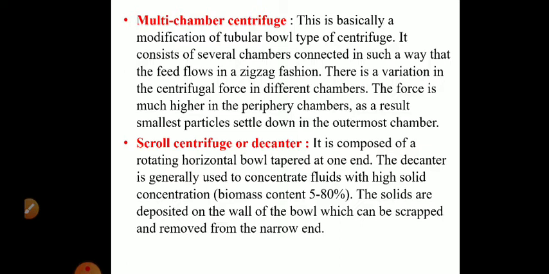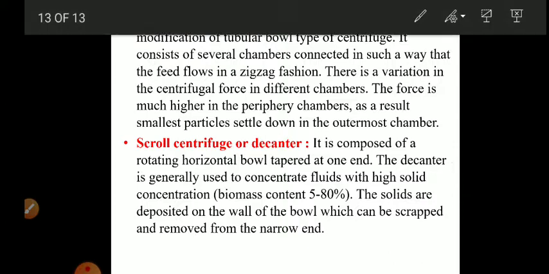Highest centrifugal force is in the outermost, peripheral chambers, and hence the smallest particles settle down in the outermost chambers and larger particles settle in the central chambers, which are present in the middle part. So there is variation in the centrifugal force from one end to another, leading to separation of even the smallest particles.